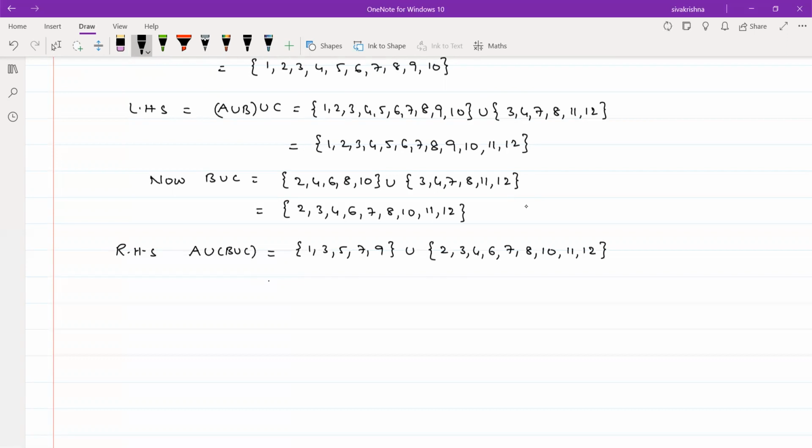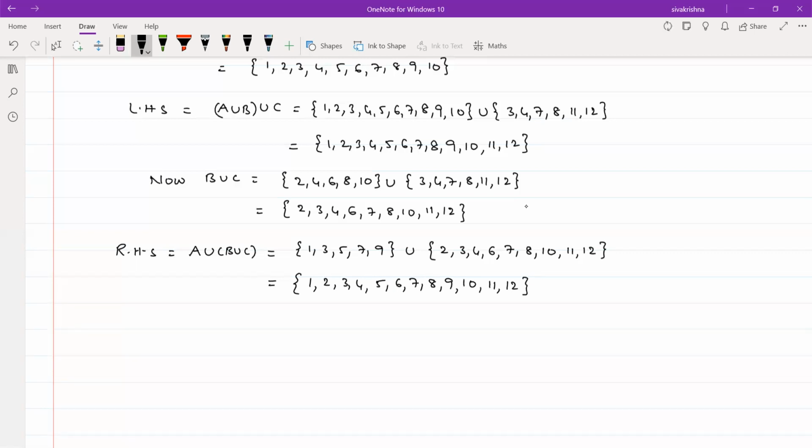Okay. Now we have to find the union of these two sets. It means we write the elements present in both the sets, and those elements which are repeated twice are written only once. So that we get 1, 2, 3, 4, 5, 6, 7, 8, 9, 10, 11, and 12. So this is the value of RHS.